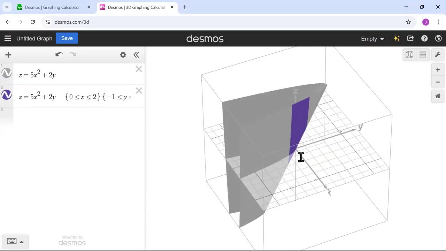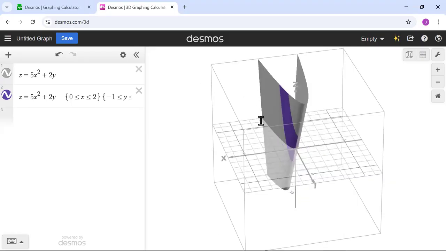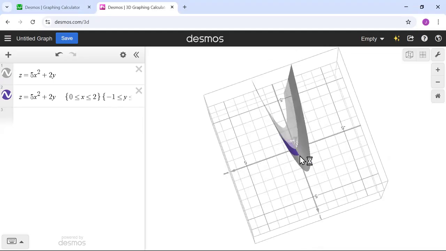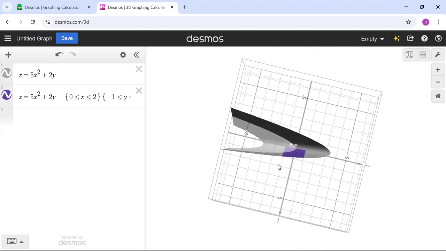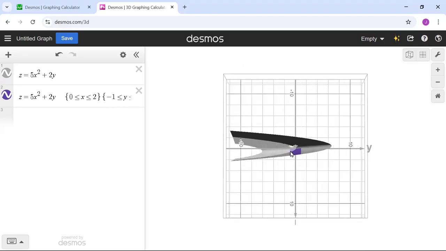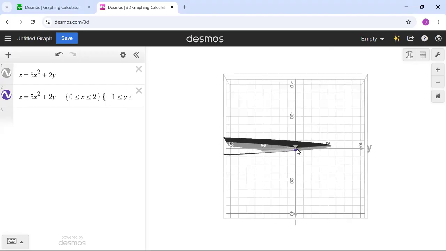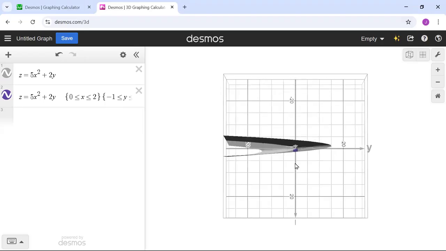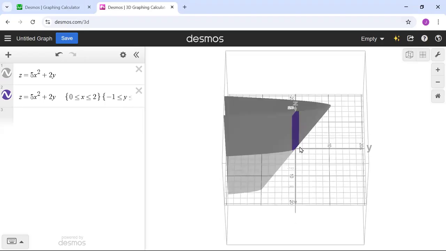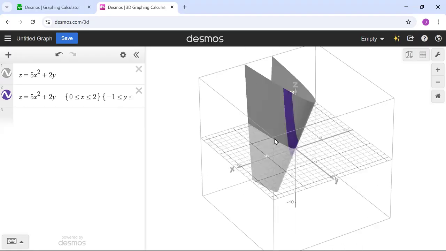And when you do that, you just get this purple part of the surface. It's hard to see in this case, but if you zoom out enough, you'll see that the y values go from -1 to 1, and the x values will go from 0 all the way to 2. Again, it takes a minute to get there. So we have this little rectangle in the xy plane. So we're trying to find a parameterization of this purple piece.